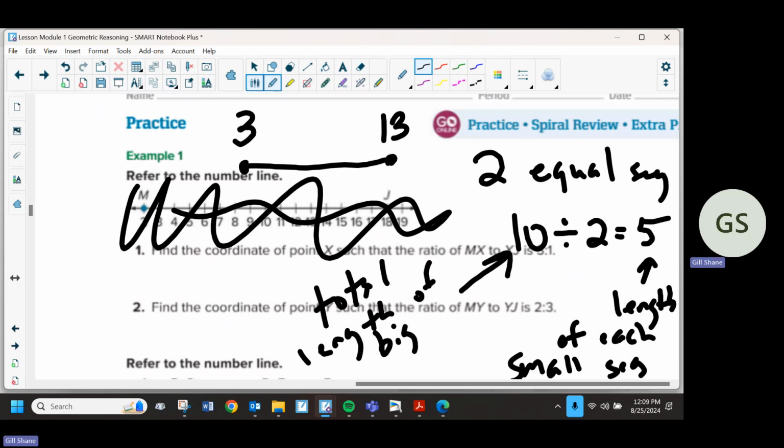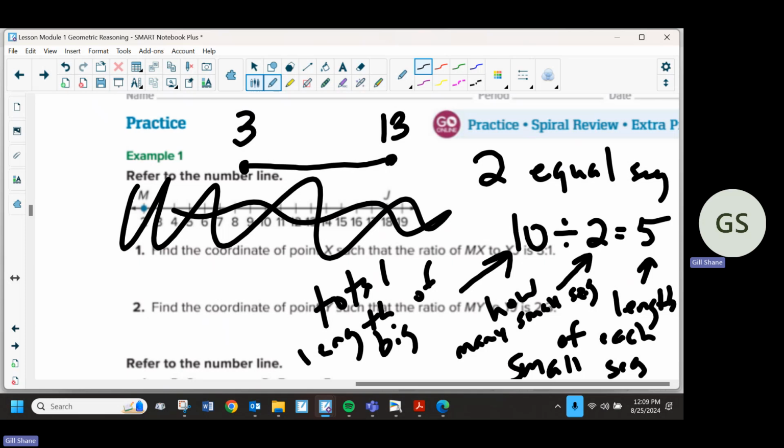I wanted to divide that into two equal length smaller segments. So that is how many smaller segments. And then the 5 is how long each small segment would be.